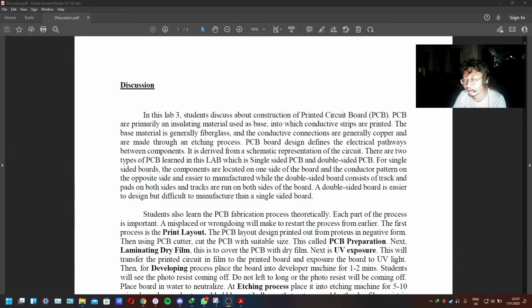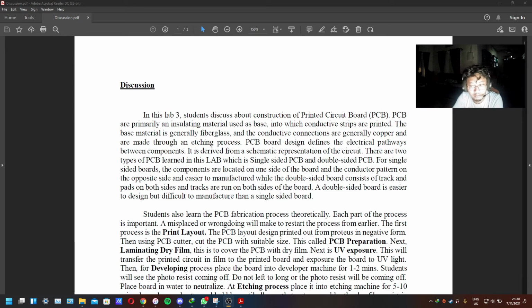Thank you. My name is Muhammad Iskandar, and I'm from Group 7, and I'm here to talk about the discussion and the conclusion that we got from lab 3.